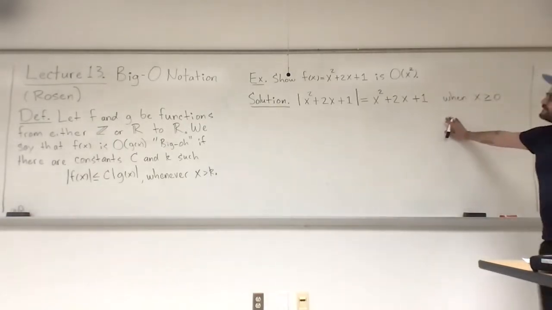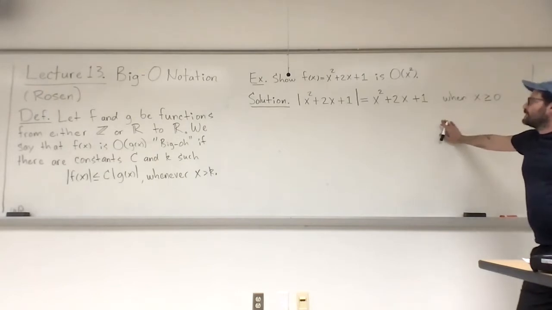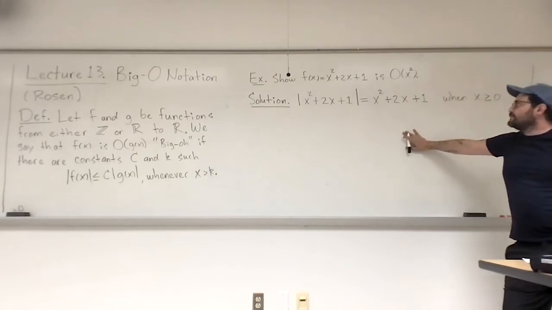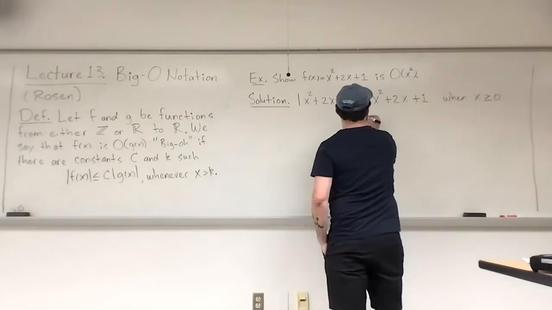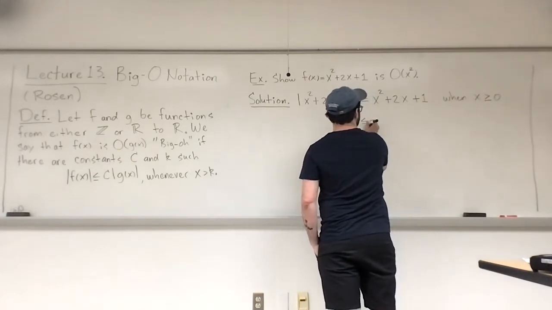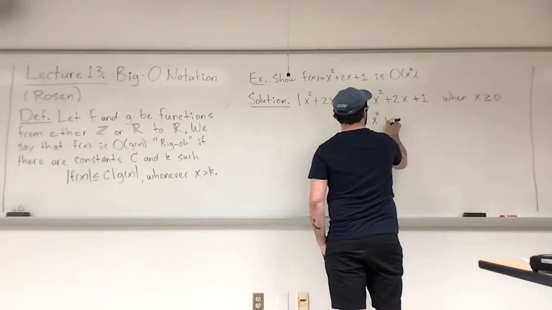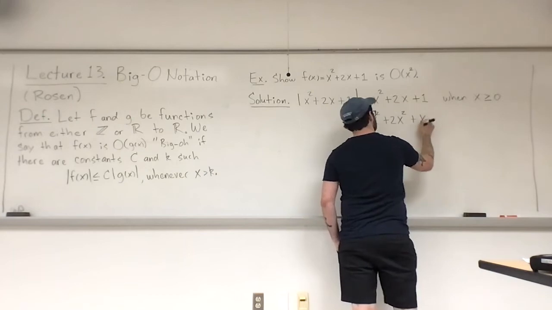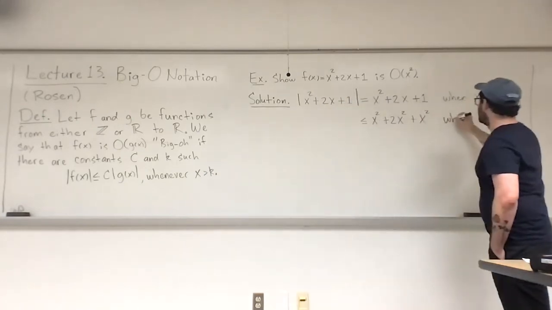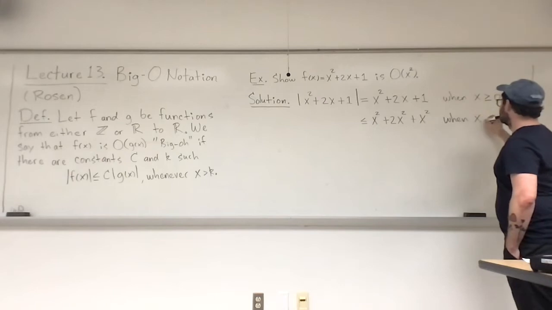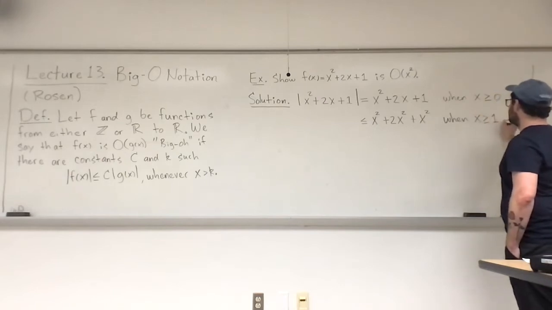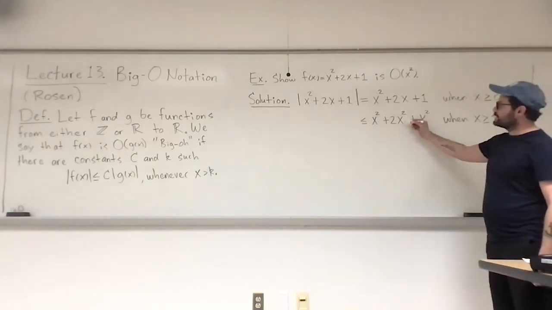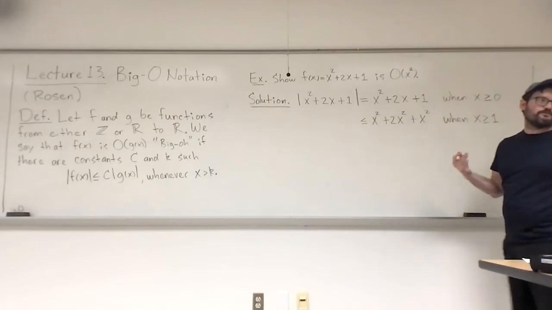So then my goal is to get to some constant multiple of x squared. So next observe that this is at most x squared plus 2x squared plus x squared when x is greater than or equal to 1. Why is that? Because x squared is greater than or equal to x when x is greater than or equal to 1.